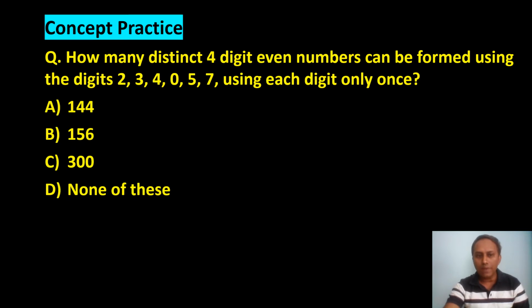Options are 144, 156, 300 and none of these. The key point that we must observe is it has to be 4-digit and also even numbers. That is very important, even numbers. And the given digits are 2, 3, 4, 0, 5, 7, 6 digits, using each digit only once.